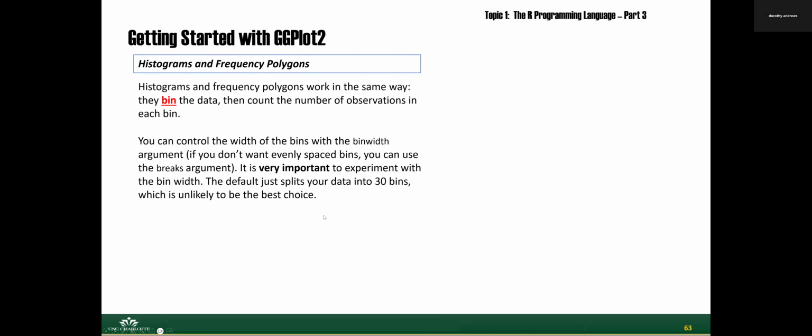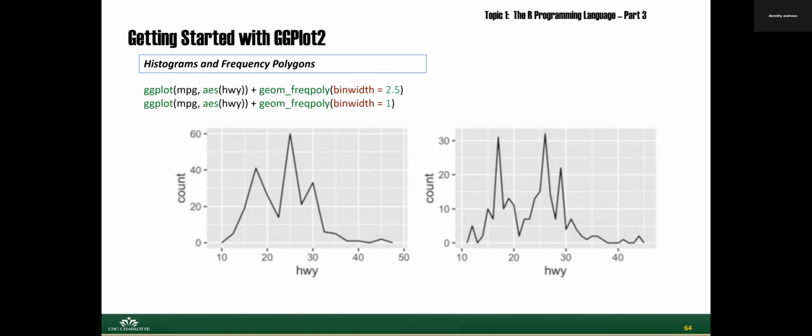And we just talked about this binning. Binning is really helpful to make sure that you're modeling data that has a credible number of observations. This is what the difference is, and I was talking about that before. If you have a bin width of 2.5 versus a bin width of 1, you can see this looks more aggregated on the left than it does on the right.